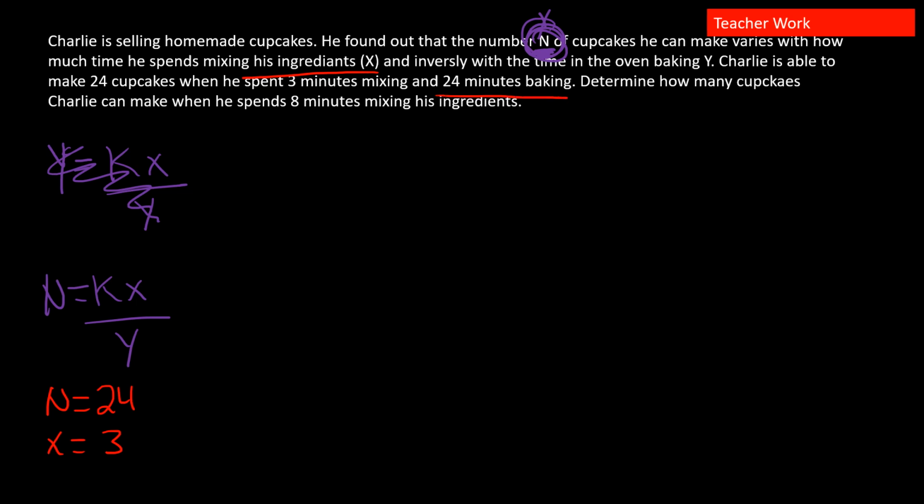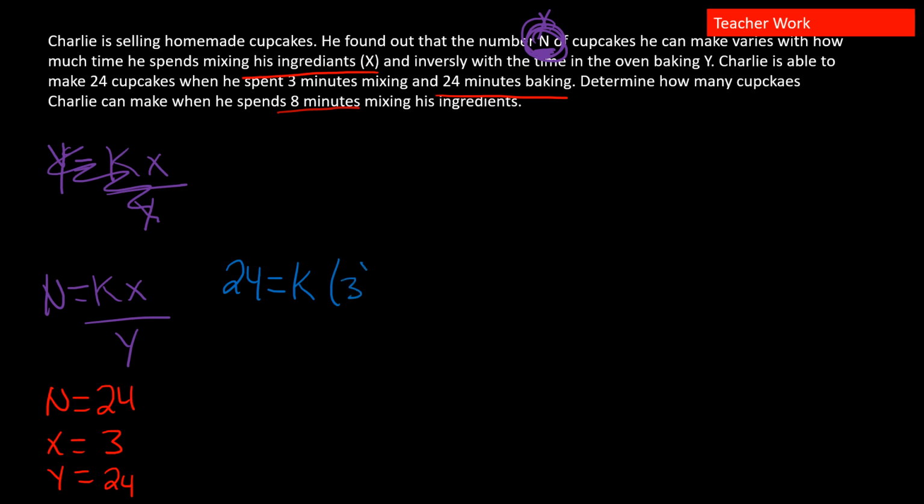And 24 minutes baking. Y is equal to 24. Okay, so they want us to determine how many cupcakes can he make when he spends 8 minutes mixing his ingredients. Okay, interesting. Well, we want to solve for k. And so when we set this up for k, we're going to say 24 equals, our k value is what we're looking for.